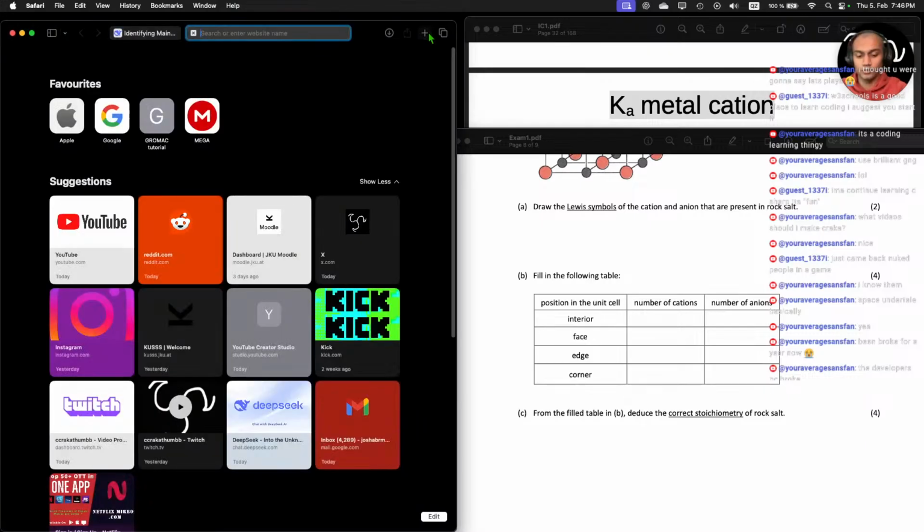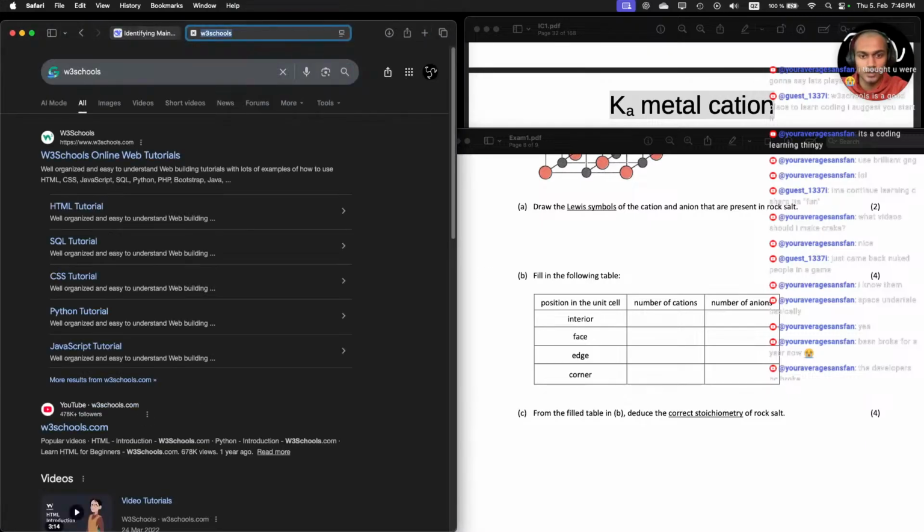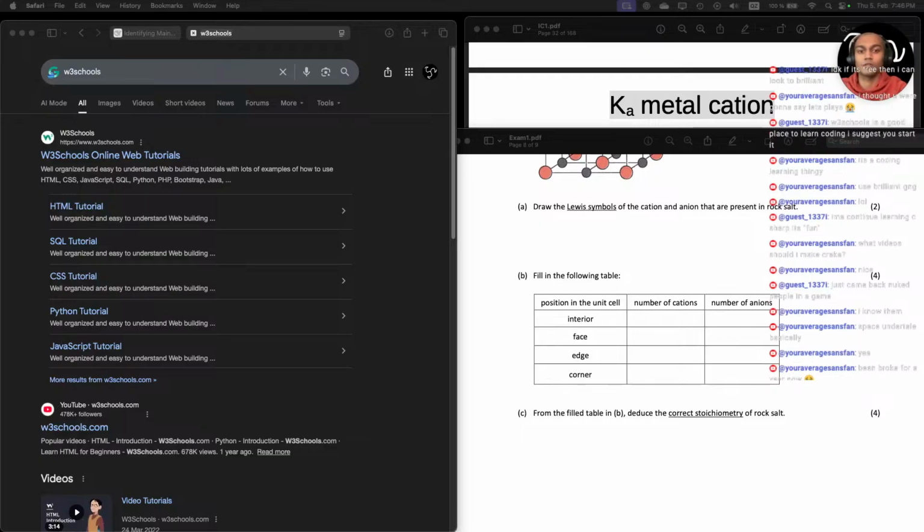What is this W3Schools? And what is this Brilliant coding type of app? I don't know if it's free, then I can look into Brilliant. Web tutorials?